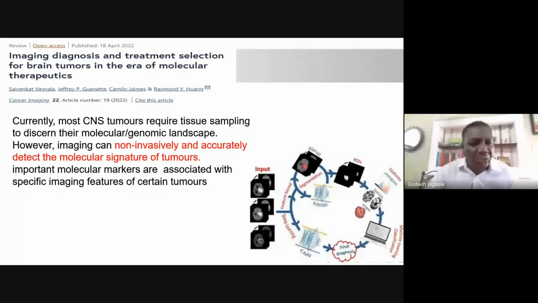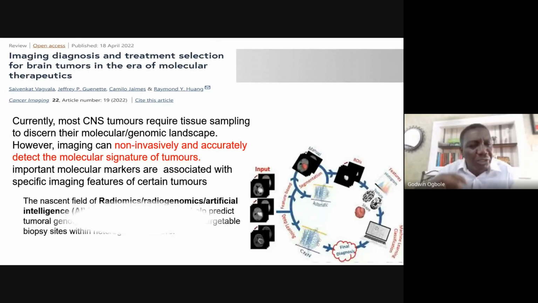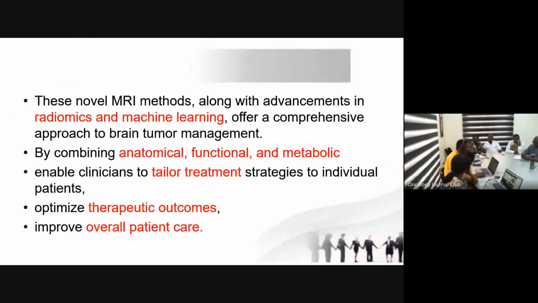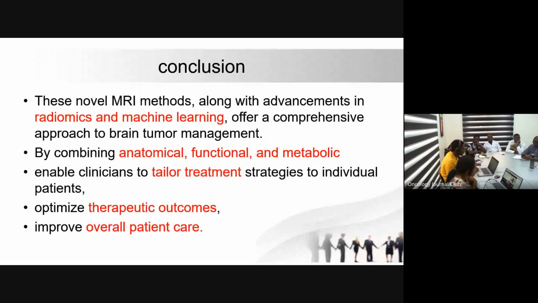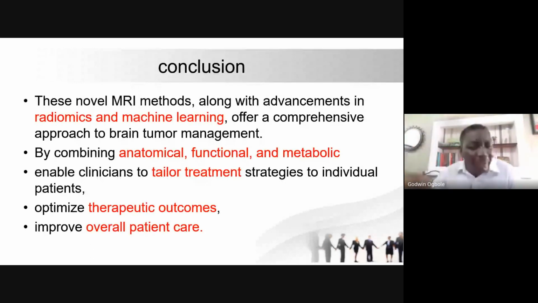We use computational methods to predict how tumors respond to treatment and how the tumors will change over time. So radiomics and AI techniques are other novel ways of bringing computational imaging to bear on tumor management. These novel methods, as I've outlined, help us not just to demonstrate anatomy, but also function.